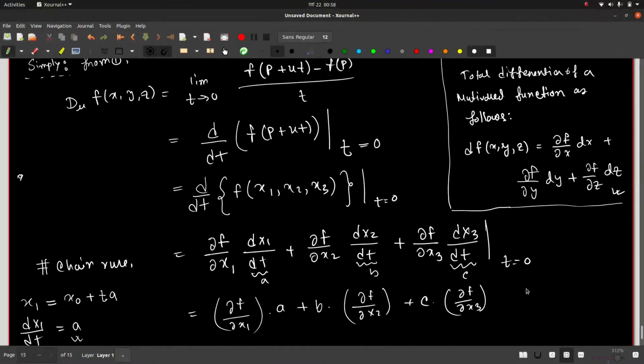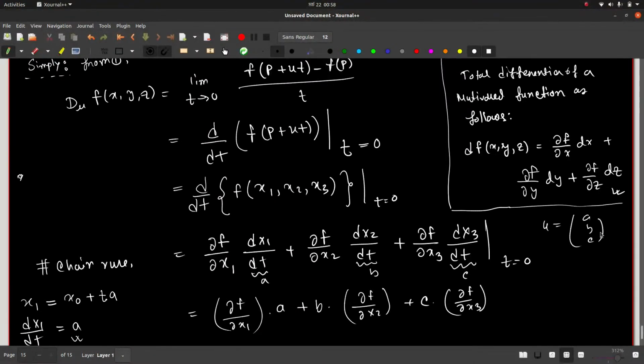And you can easily see that if you consider the vector u as a unit vector, that is, u was written like this, right? A, B, C. Now, I am only interested in the directional derivative segment where the direction is only along x1, let's say. So that would mean that I'm not looking what is happening over the other axes, that is x2 and x3. That means I don't care about those variables or coordinates.